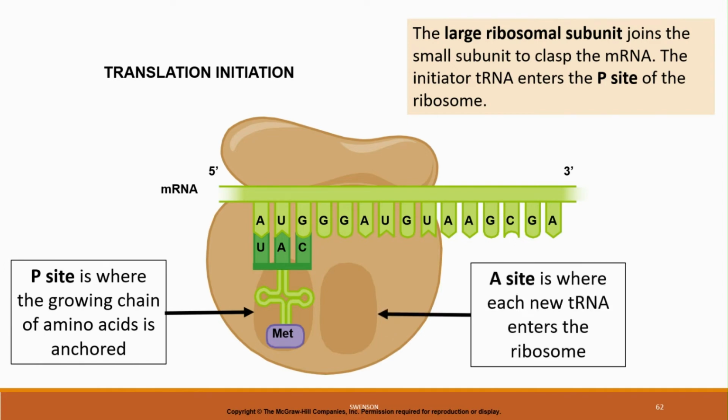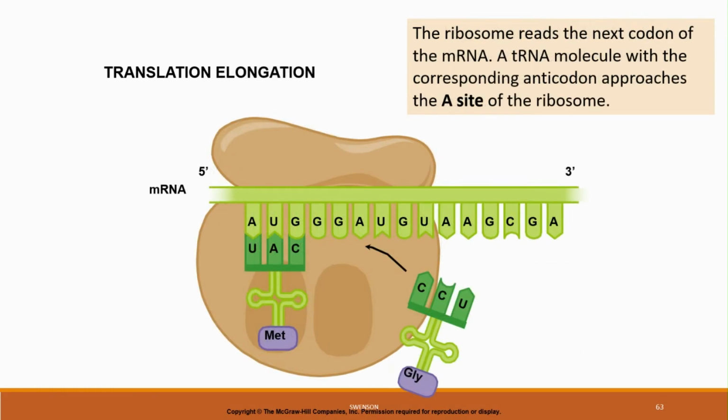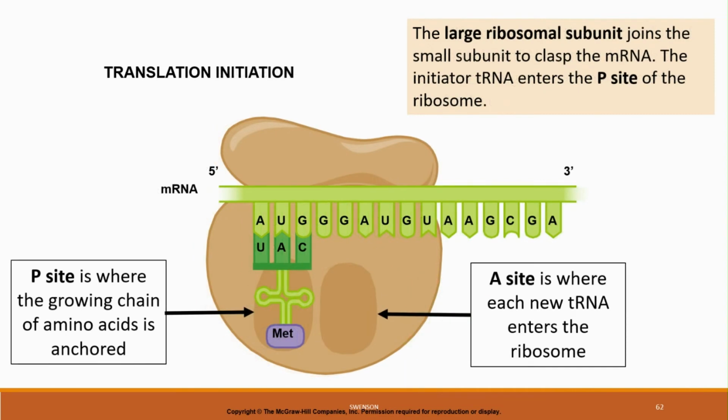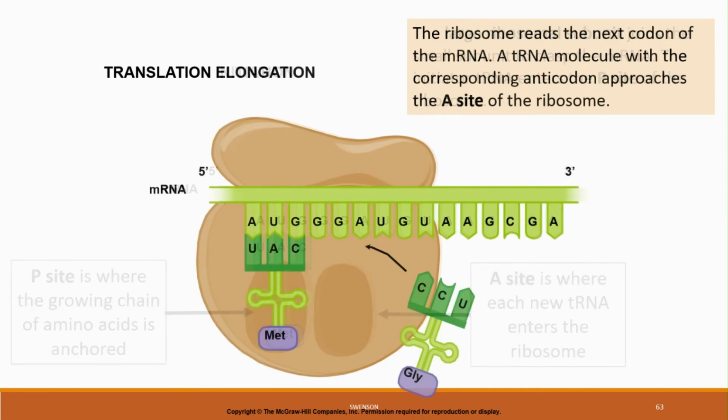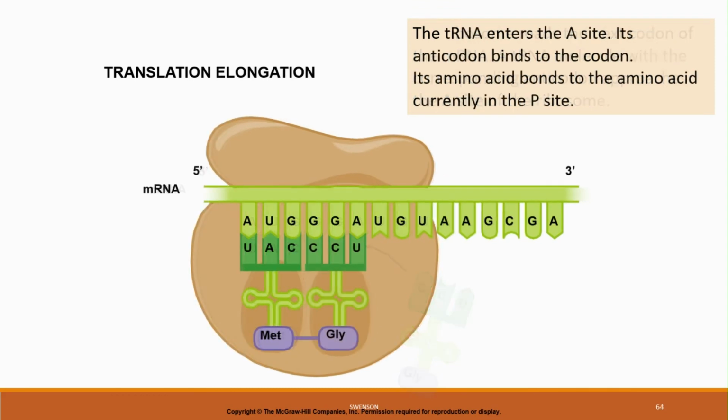The A site is where tRNA molecules will flow in and out. Their anticodons are checked against the codon of the mRNA. If there is a match, then they become bonded to the amino acid in the P site.